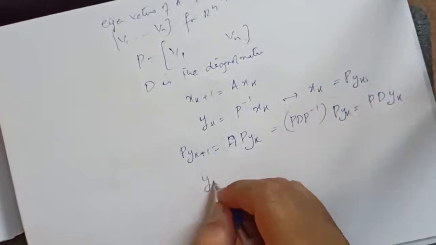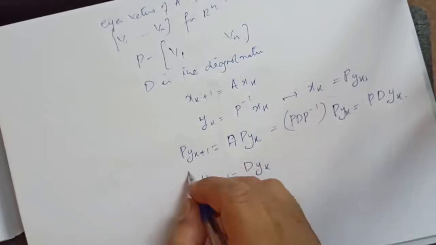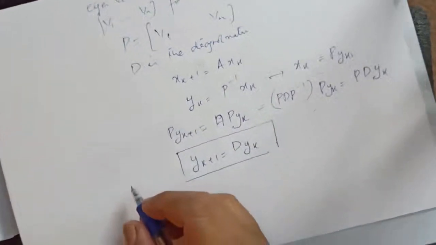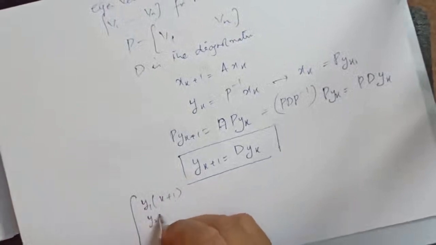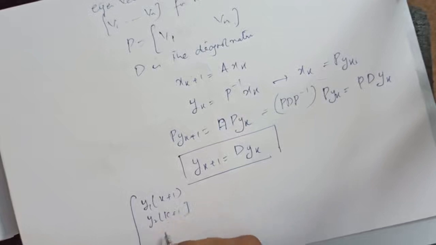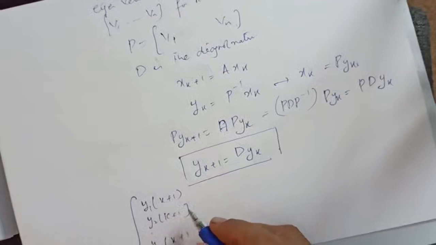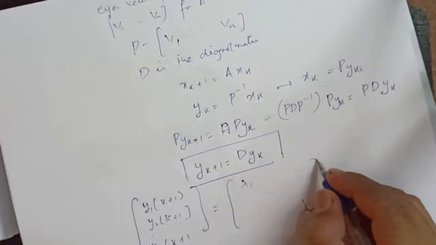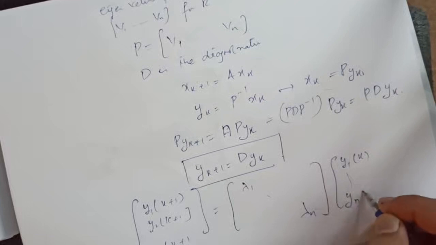Then y of k plus 1, applying P inverse from both sides, becomes D times y of k. So what we are saying here is that y1 of k plus 1 up to yn of k plus 1 can be written as the diagonal matrix with lambda 1 to lambda n, times y1 of k up to yn of k.